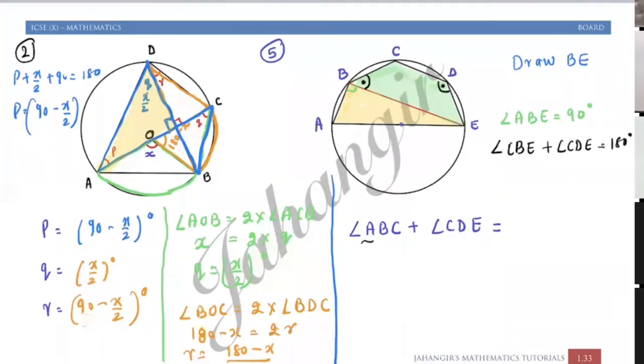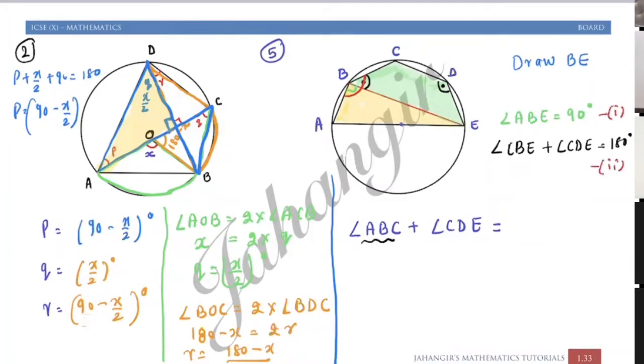Now I want angle ABC. Angle ABC is the addition of these two angles. Can you see? ABC is the addition of angle ABE plus angle CBE. So I can add both results. This is my first result. This is my second result.